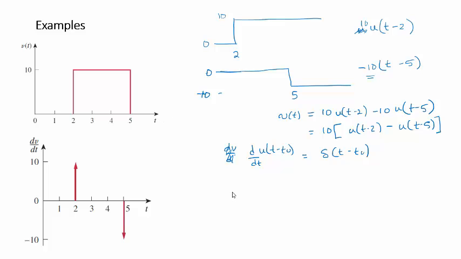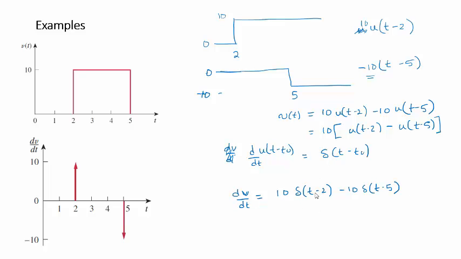If we just take the derivatives of this and this, dv dt will equal, so the amplitude of this first one is 10, and it's going to be a del at t minus 2. By the way, people say del for that delta function, and it's minus 10 del at t minus 5.